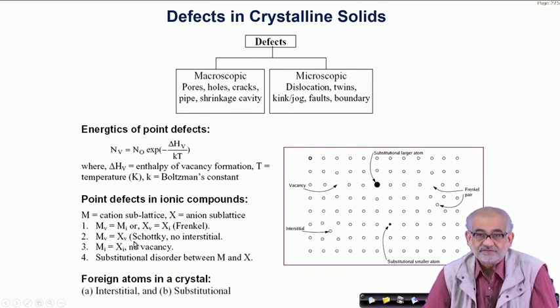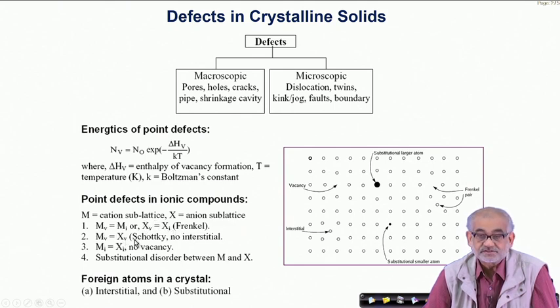You can also have vacancies both in the cationic sublattice and the anionic sublattice. So in the case of Frenkel disorder, we have an equal number of vacancies and interstitials either in the cationic sublattice or in the anionic sublattice.